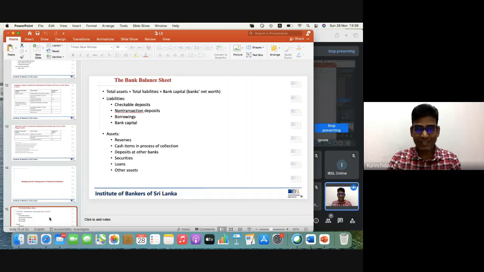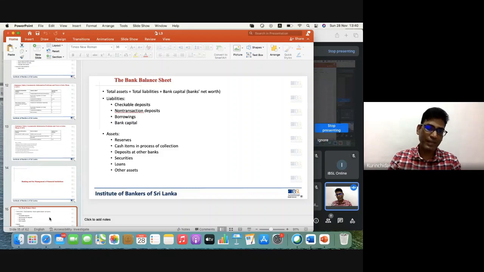And if you take assets, the first one is reserves, and second, cash items in process of collection, and deposits at other banks, securities or investments, and loans and other assets. So these are the major items in a bank's balance sheet. Whatever transactions happen, there will be changes in this balance sheet position.